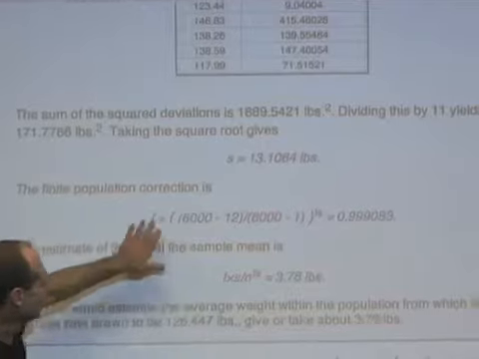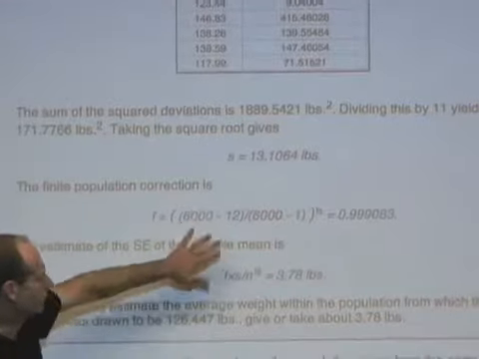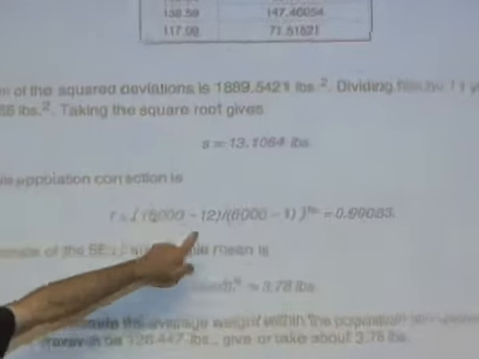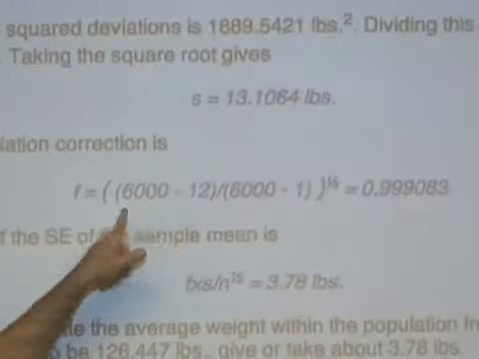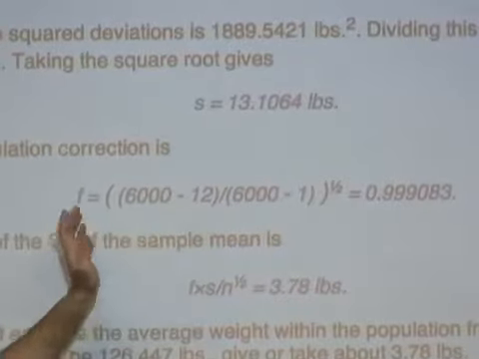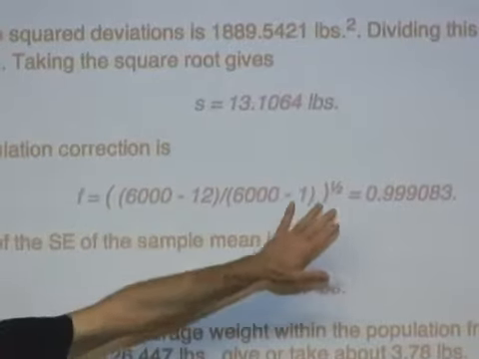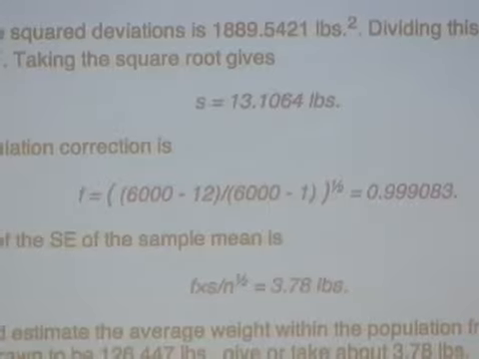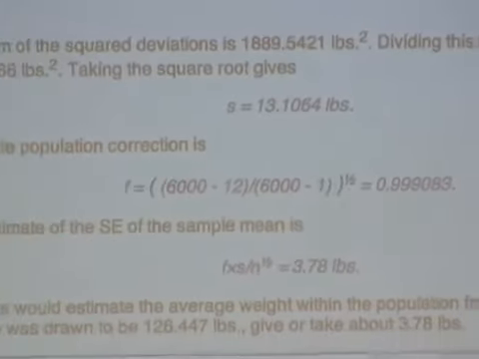Oh, sorry, we multiply by the finite population correction, which is going to be very, very, very close to 1 because 12 is only a tiny fraction of 6,000. The sample size is only a tiny fraction of the population size. So the finite population correction is very, very close to 1. Does this make sense to everybody?